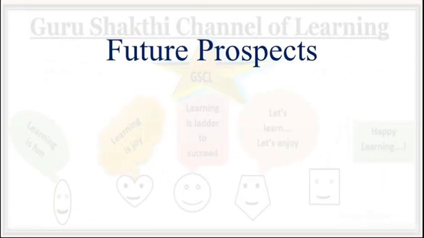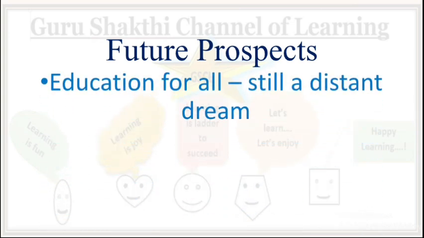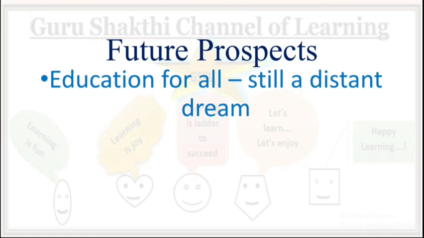Future prospects. Under this heading, we have the issues that need constant attention. First one being education for all, which is still a distant dream, which has to be achieved because there are certain sections of society who have not come under the umbrella of education.